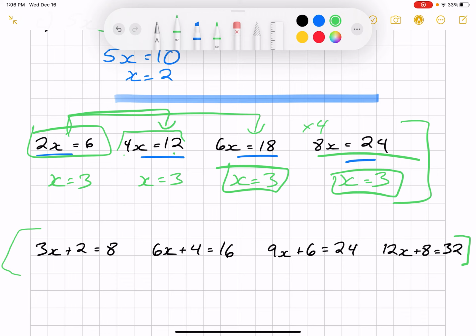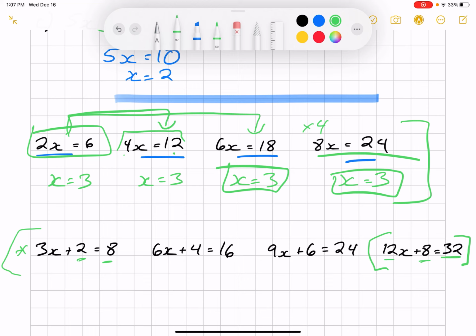All right, so which one was the easiest to solve? Okay, so obviously the first one, because the numbers are smaller and they're easier to guess and check. So if it's easier to guess and check a smaller equation, if I look at this one I see, you know what, this is just 4 times the first one. 4 times 3 is 12, 4 times 2 is 8, 4 times 8 is 32.